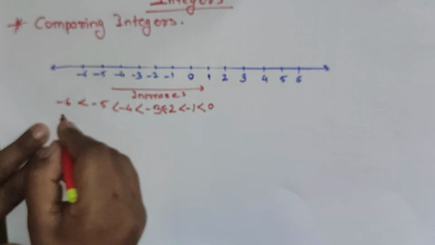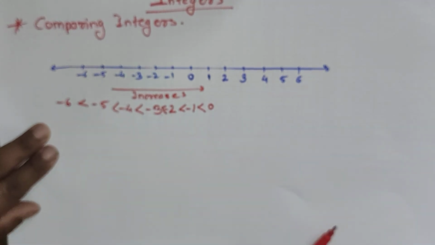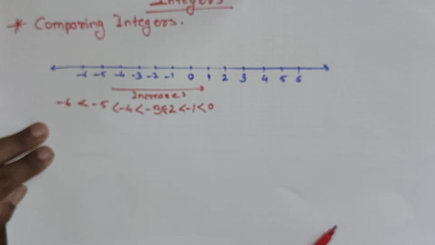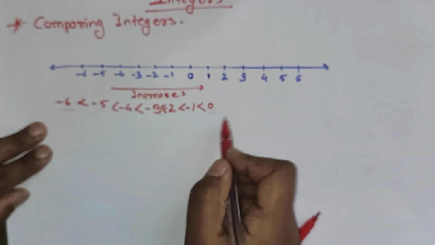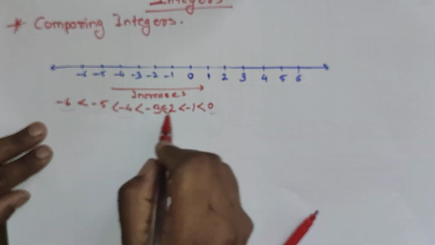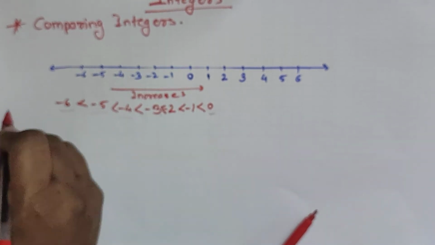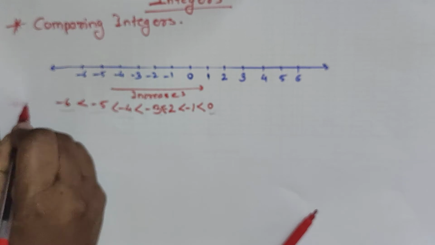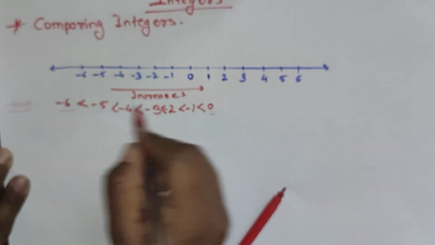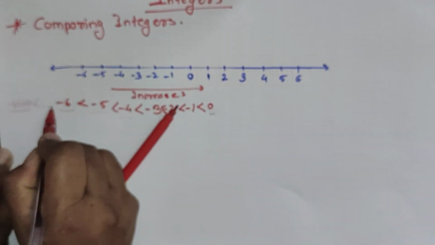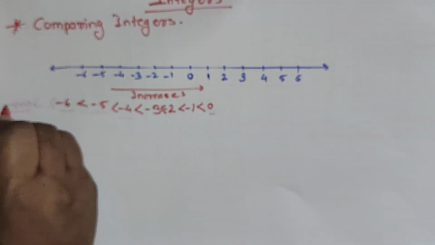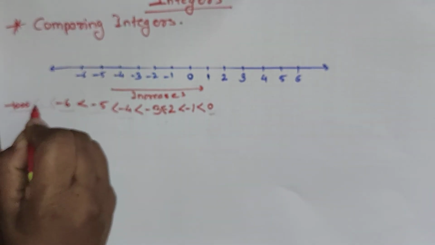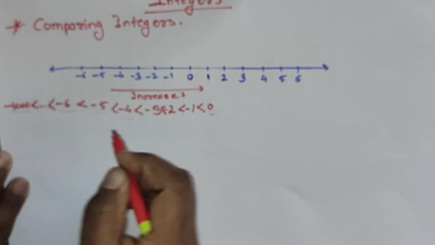This means -6 is smaller than 0, -5 is also smaller than 0, -4 is also smaller than 0. If I write somewhere -1000, it is smaller than 0, and it is smaller than -6. It is smaller than all these numbers.